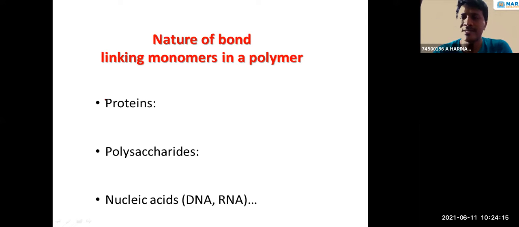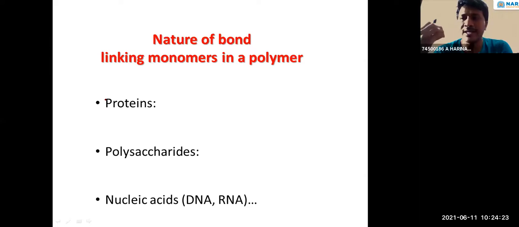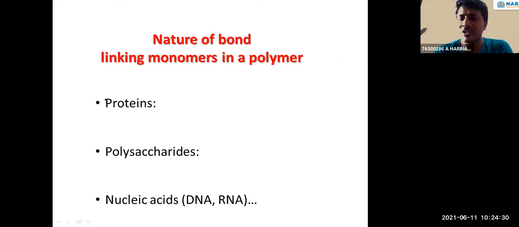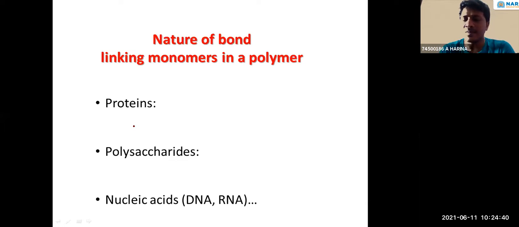A polysaccharide is a polymer of monosaccharides. The monosaccharide may be glucose, fructose, ribose, galactose. Examples of polysaccharides are cellulose, starch, glycogen, inulin, and chitin. For example, inulin is a polymer of fructose, which is a monosaccharide.